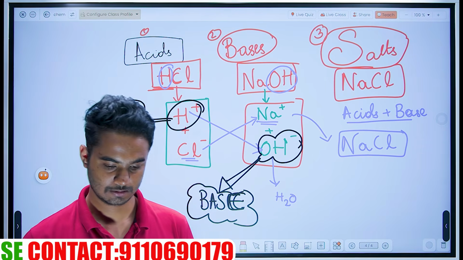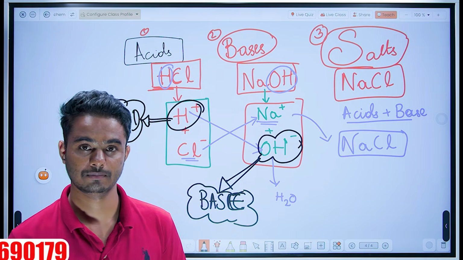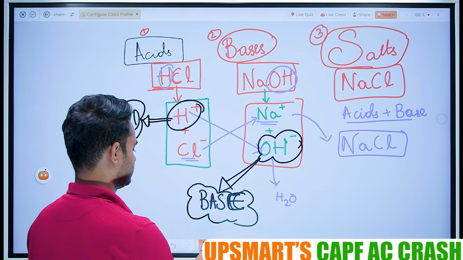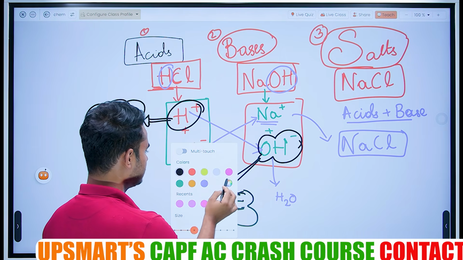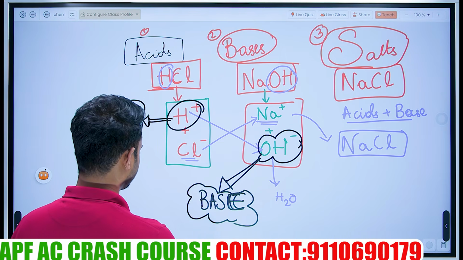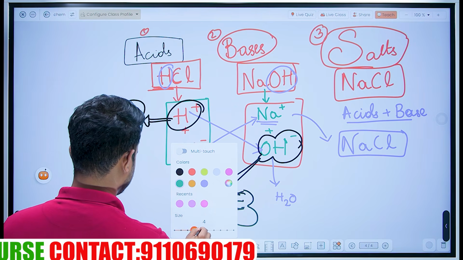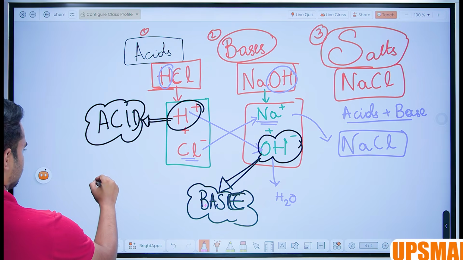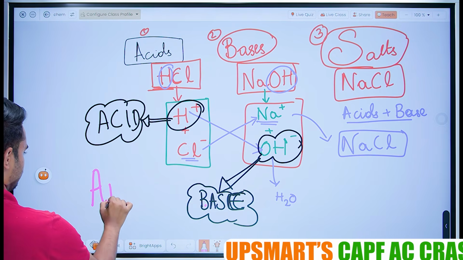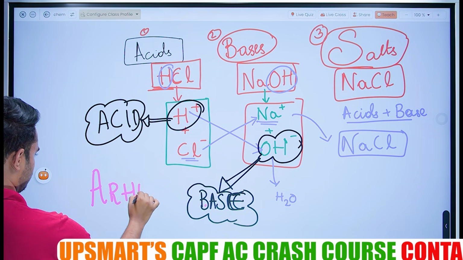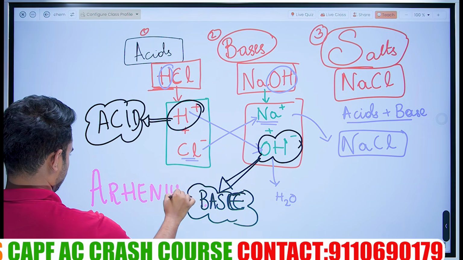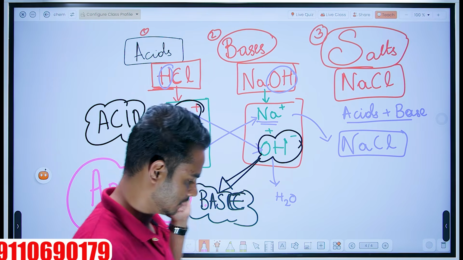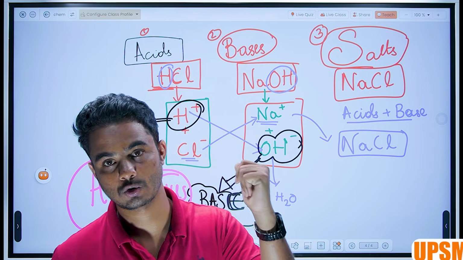And this theory, this discovery was given by Arrhenius. When H+ is released, it is called an acid.